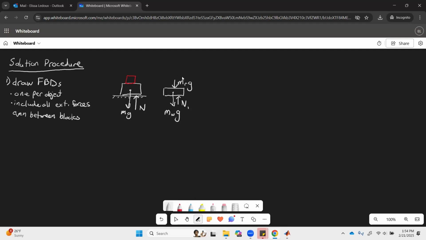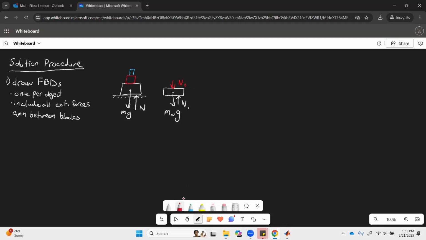Now, instead of writing that as MRG, because honestly, we could even have a third block on top of that, we will write that a little bit differently, and we will call this force N2 for the second normal force. So that normal force will be in between the red block and the white block.